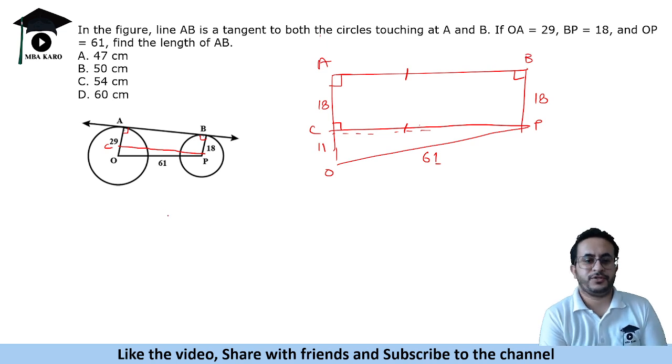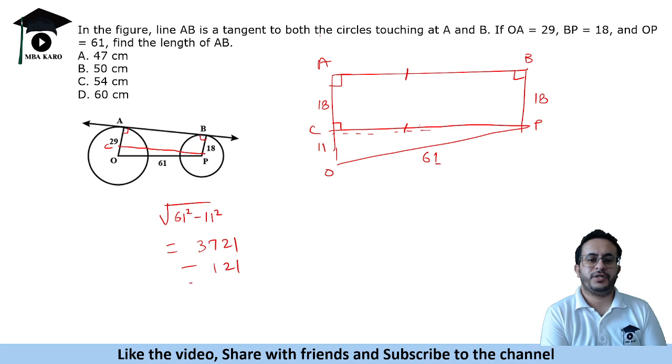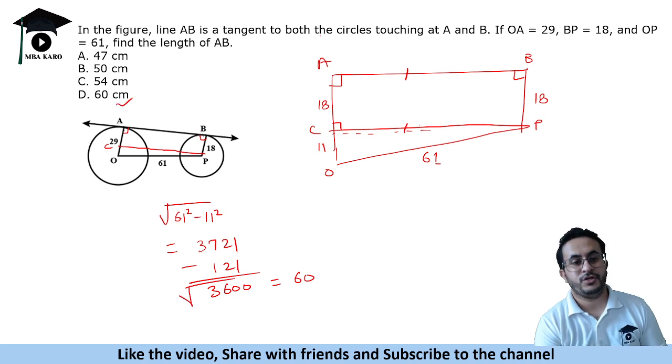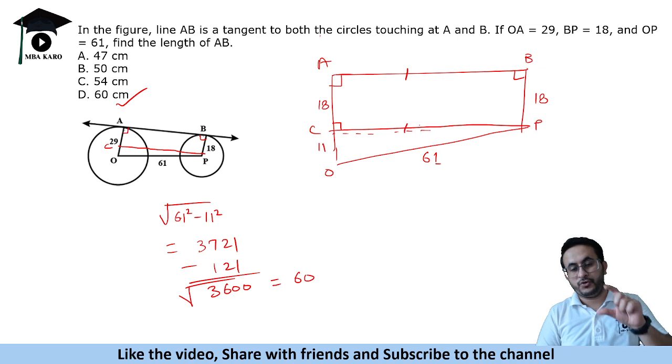Just use Pythagoras theorem. So root of 61 square minus 11 square. 61 square is 3721 and 11 square is 121. So this is root 3600, which is 60. This is 60 centimeters. So just a bit of a tweak to make this into a rectangle and then solve it.